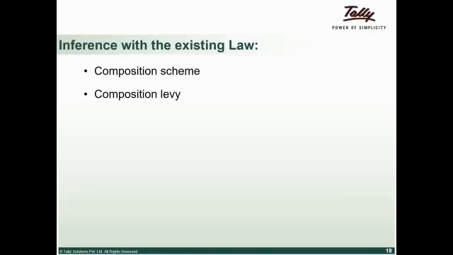Currently the composition levy is somewhere between 1 to 2% under various laws, and the current draft law does not specify the rate of composition levy, but it says that it cannot be less than 1% of the total turnover of the composition dealer for the given month or period. Since it's a quarterly return, it is going to be for every quarter. But there is no specific rate that has been specified yet.